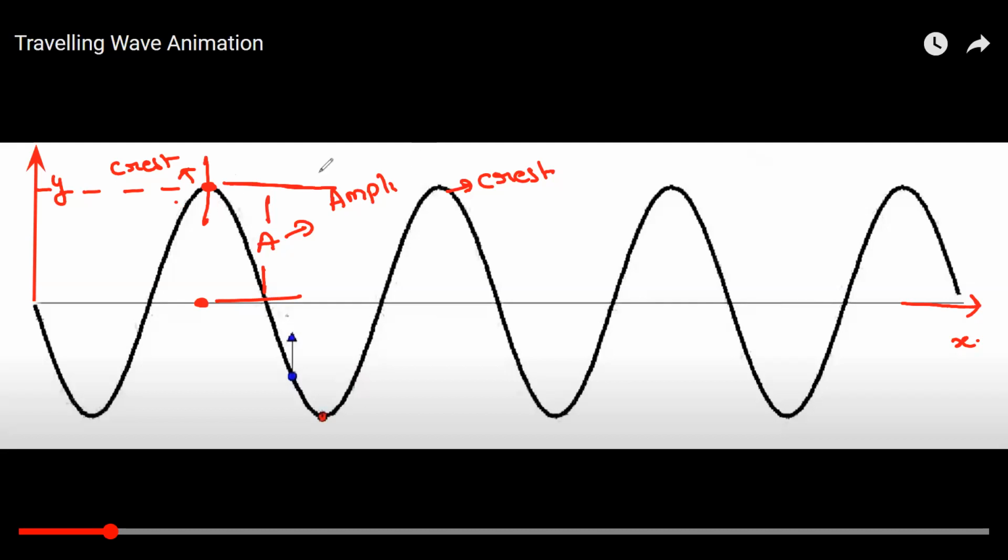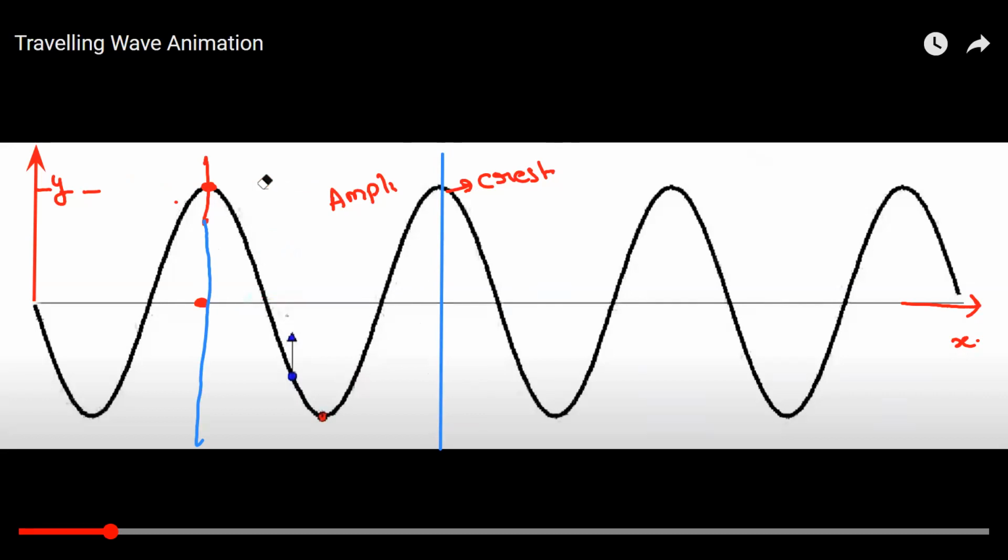So the distance between this line and this line is called wavelength, represented by lambda.